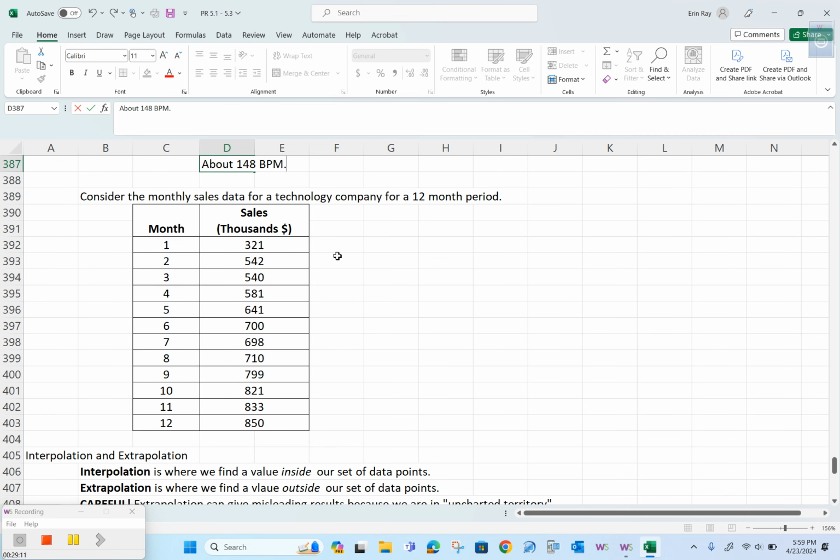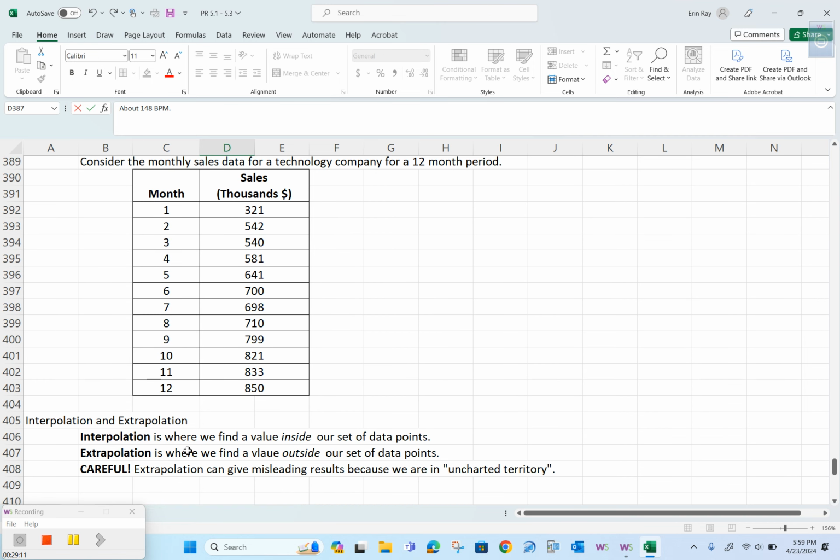Okay, what I want to do is talk about prediction. So this last little piece of information here is vocab. Interpolation is where we are using a prediction to model something that's inside our values.